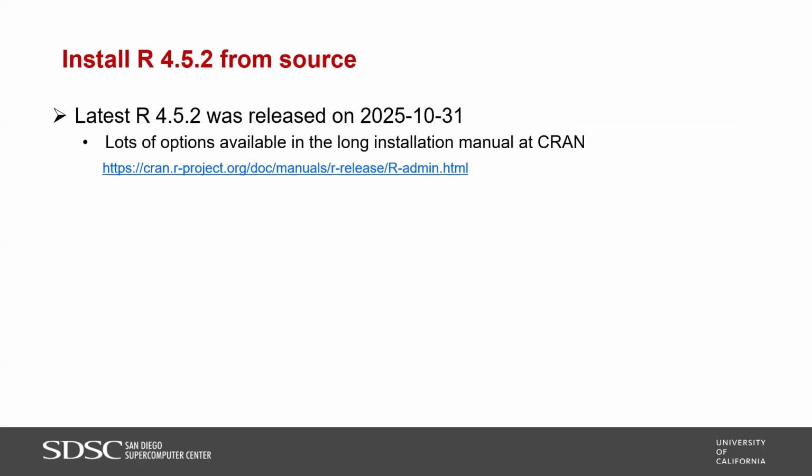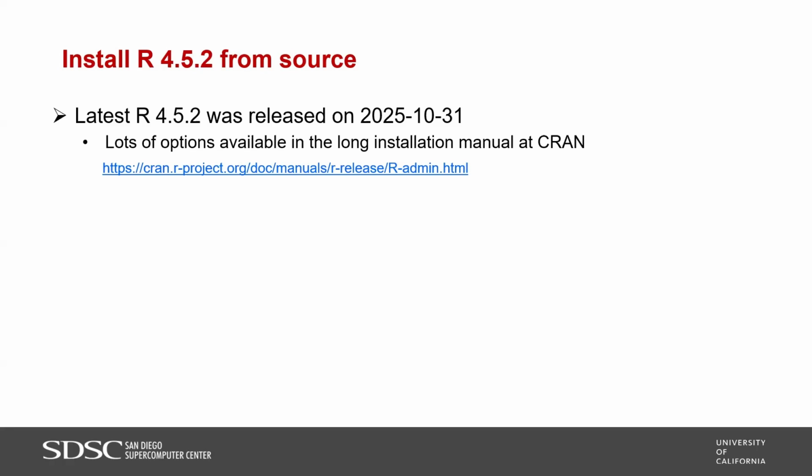Now, if you want to install R from source, we will learn those things from scratch. We use R 4.5.2, which was just released about one month ago, as an example.